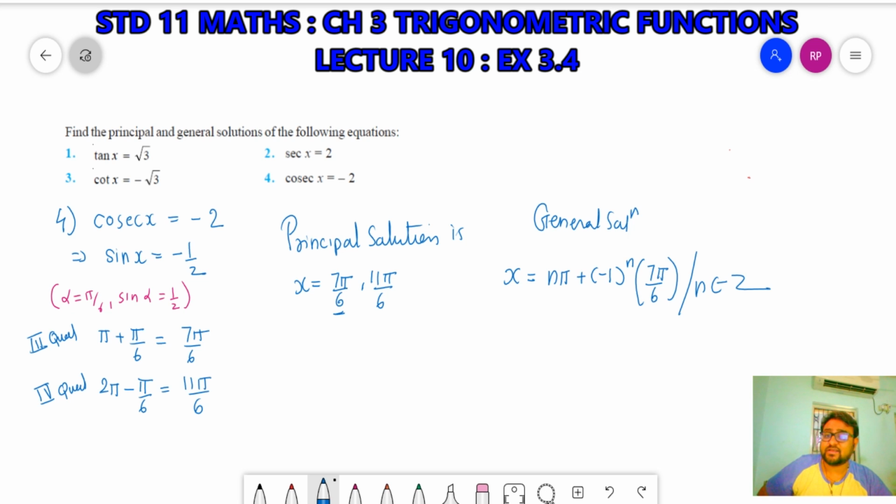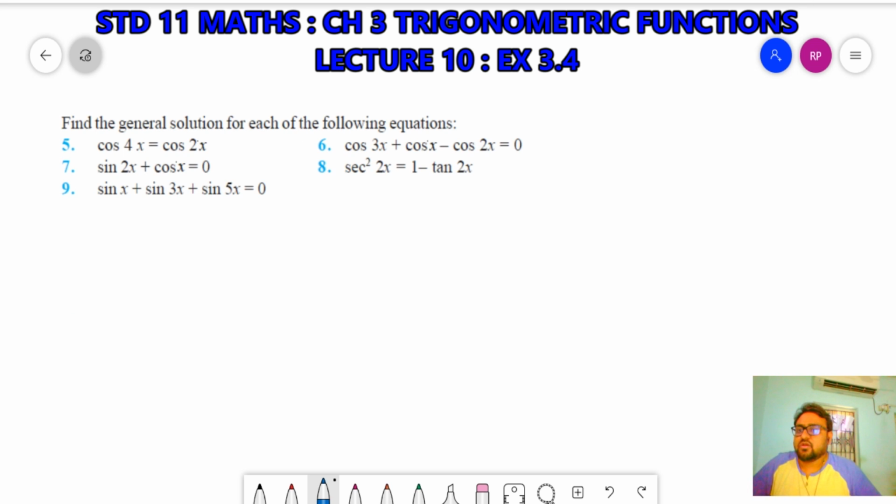Now let's move to the next, that is question number 5. Find the general solution for each of the following equations. Now you don't have to find the principal solution.